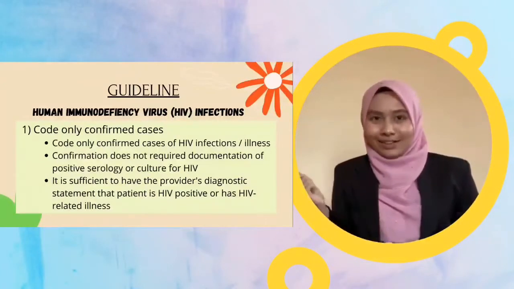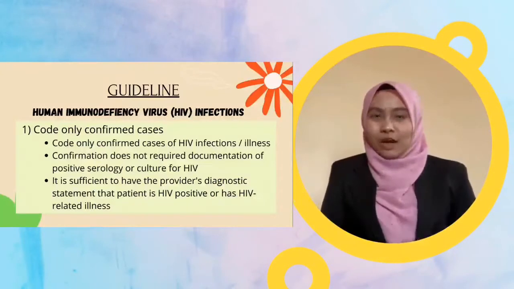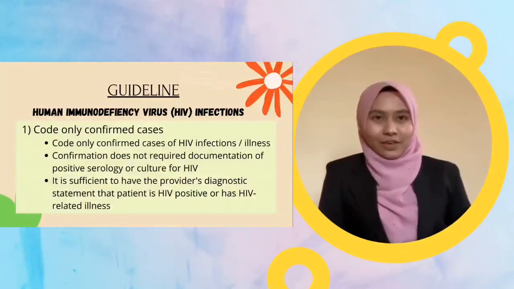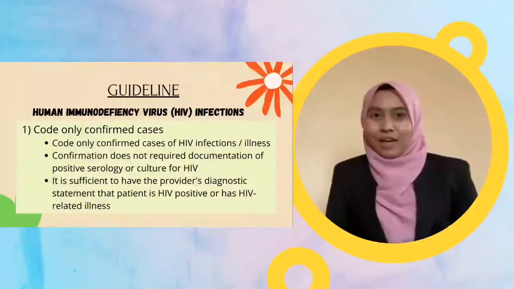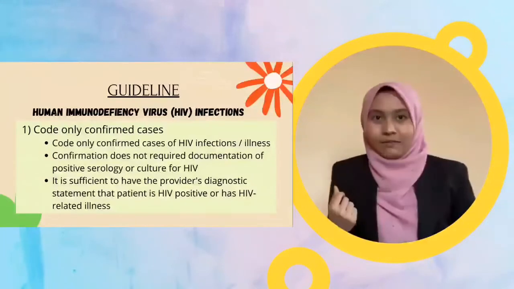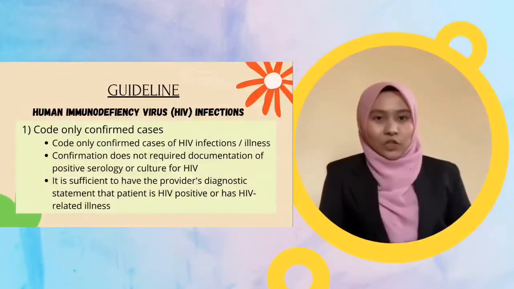In this context, confirmation does not require documentation of positive serology or culture for HIV. The provider's diagnostic statement that the patient is HIV positive or has an HIV-related illness is sufficient.